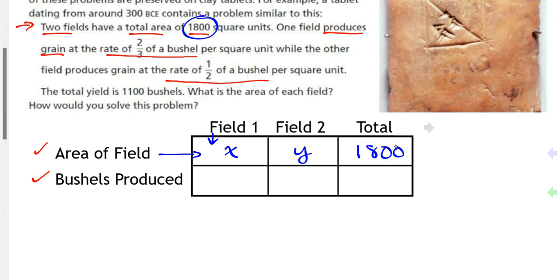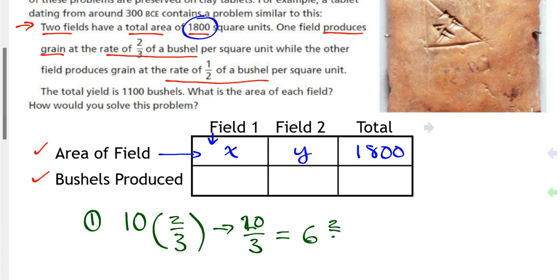Then with information about how many bushels are produced, suppose for my first field it had an area of 10. We would take that 10 and multiply it by 2/3 to find out how many bushels were produced, which would be 20/3 of a bushel, like 6 2/3 bushels.